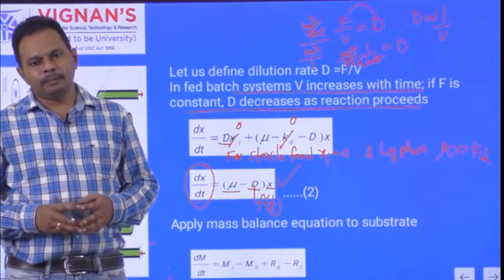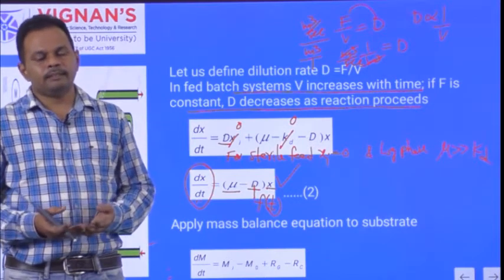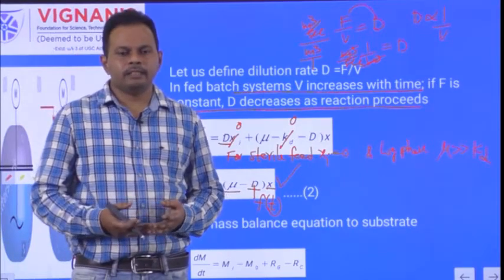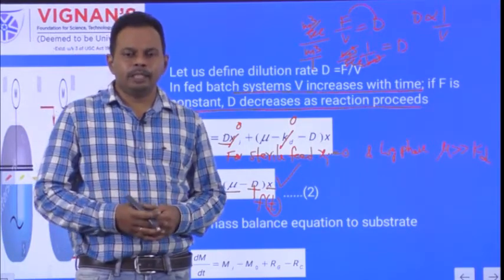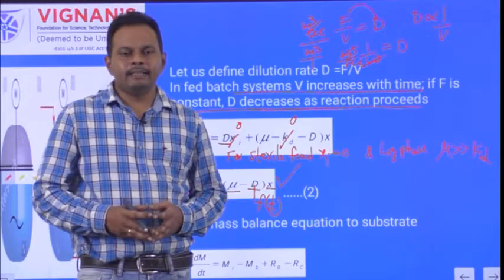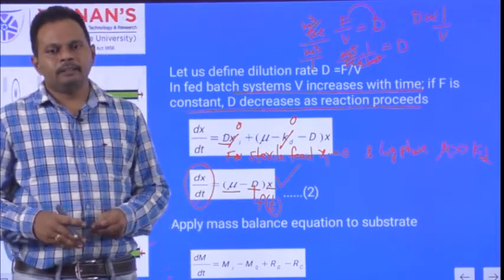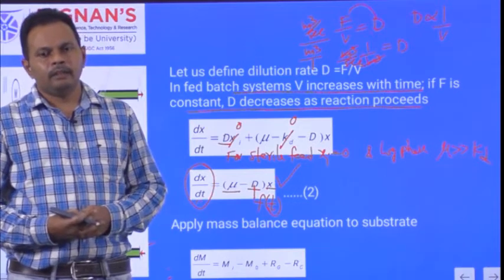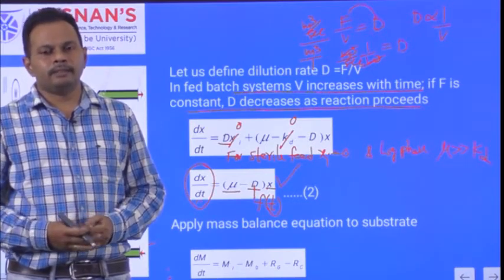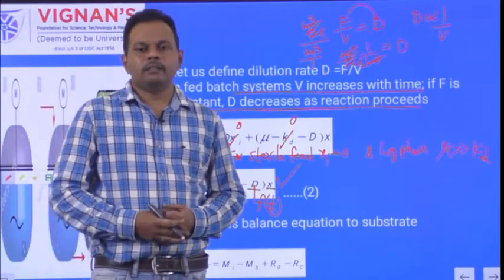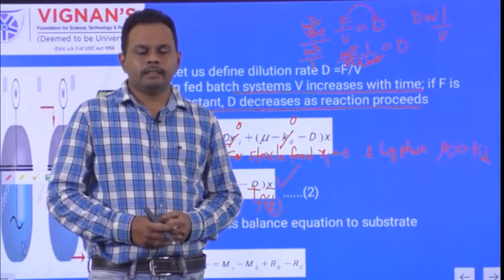Some amount of the substrate is consumed by cells for growth of the cell, some fraction of the substrate is utilized for product formation, and some fraction is utilized by the cells for maintenance activities. To keep the cells in viable condition, some fraction of the substrate is required. For the growth of the cell, some fraction of the substrate is required. For product formation also, some amount of the substrate is required.